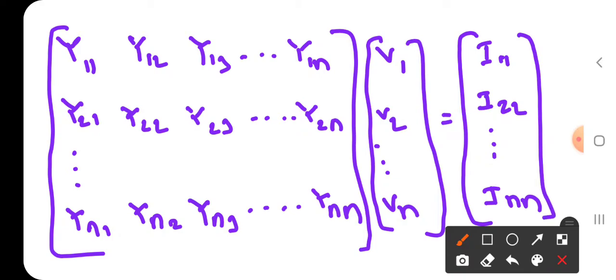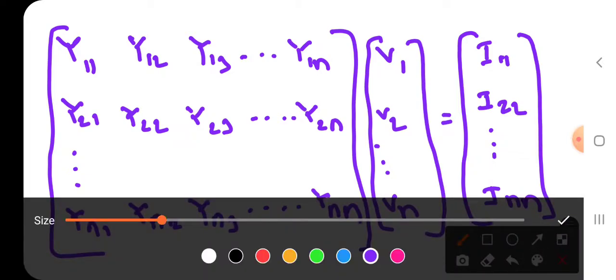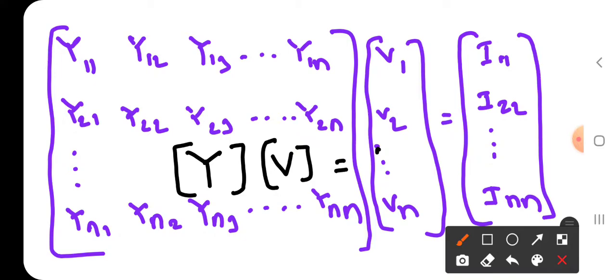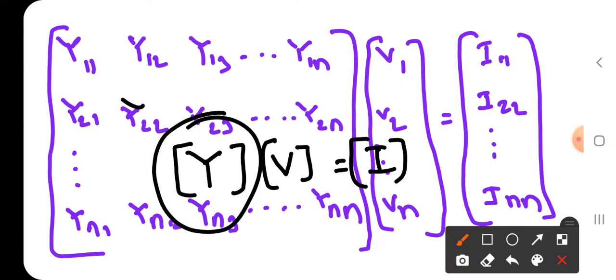And we can also represent this in the form of a matrix equation like this: Y into V is equal to I. In power systems, the Y matrix is designated as Ybus, which is also called the bus admittance matrix.